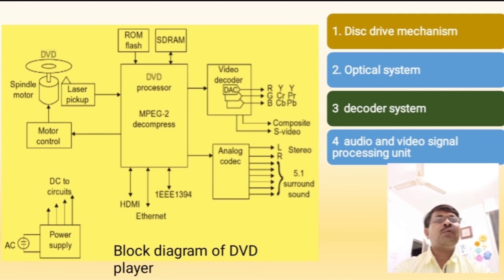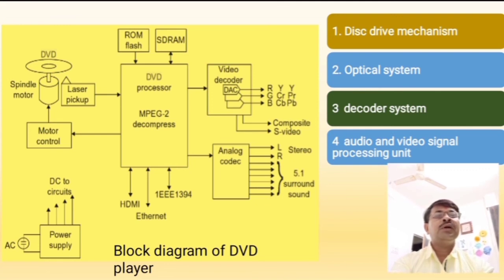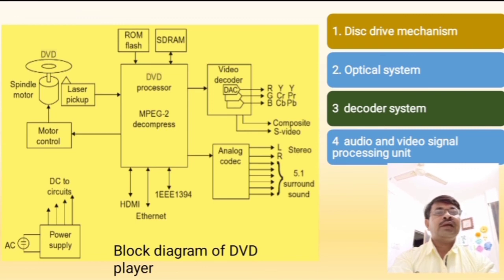One will be the disk drive mechanism, another will be the optical system, third will be the MPEG decoder, fourth will be the audio and video signal processing unit, fifth will be the microcontroller unit with memories, sixth will be the display unit, and seventh will be some important ports like S-video that will be used to display only video signal information. Another extra device can be connected to these ports like a laptop output or maybe the camcorder output.